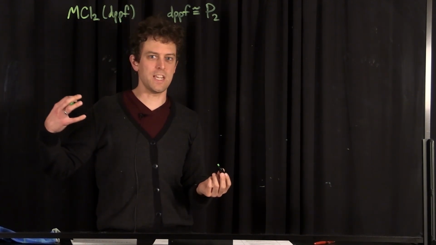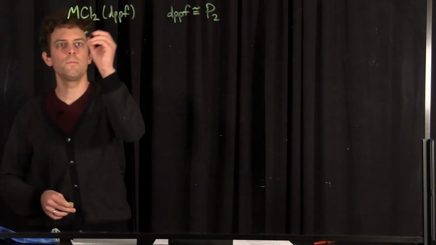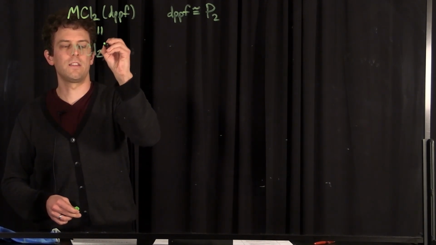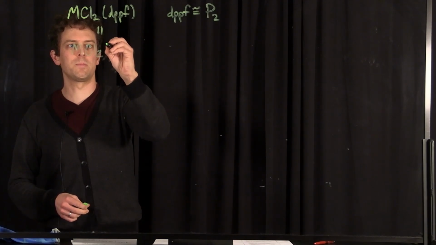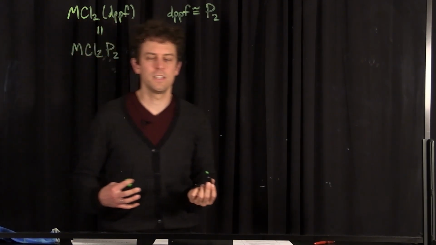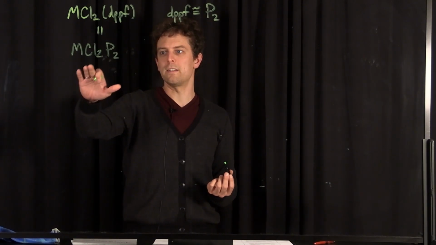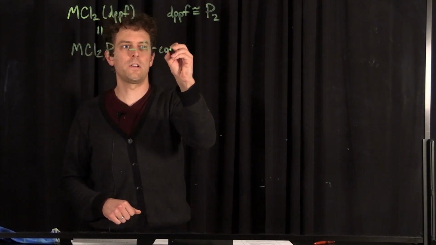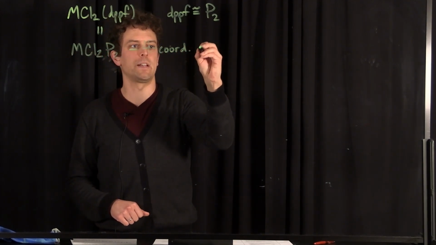It's PR3, two of them, meaning that we can basically summarize the coordination sphere of our coordination complex as MCl2P2. That gives us our phosphorus in 2 spots and our chlorine in 2 spots. This is a 4-coordinate complex.